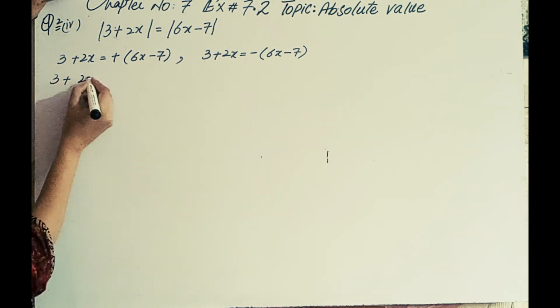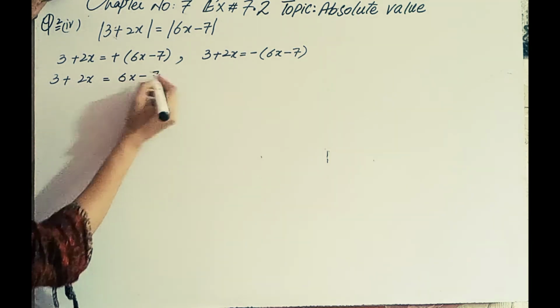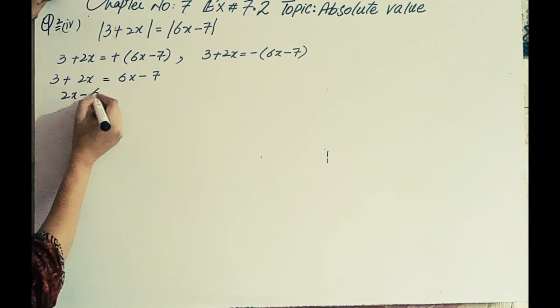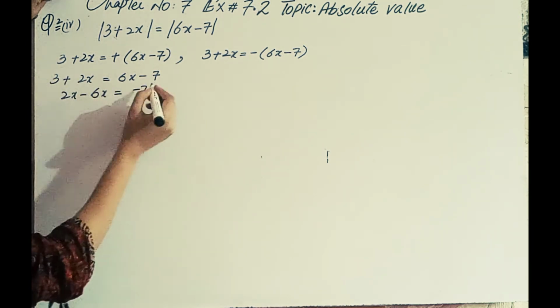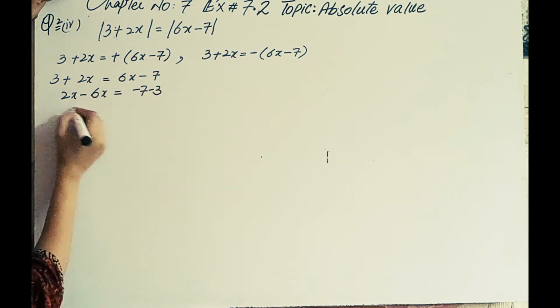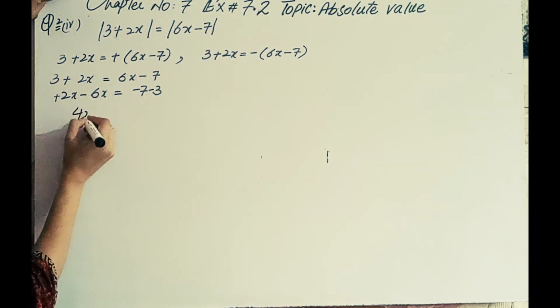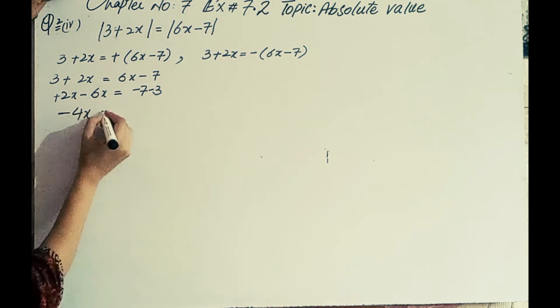3 plus 2x equals, open the bracket, 6x minus 7. Okay, 2x plus 6 on the other side is minus 6 equals minus 7 plus 3 on the other side is minus 3. Plus minus minus, it will be 4x. Sign will be of the greater term, that is 6. It has minus.